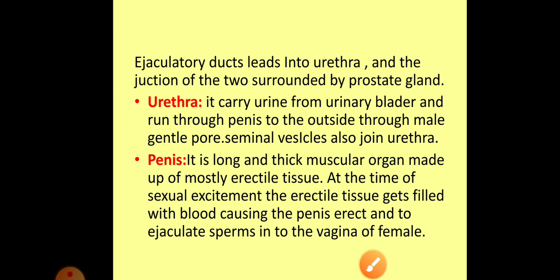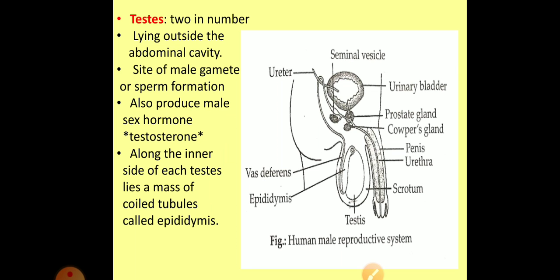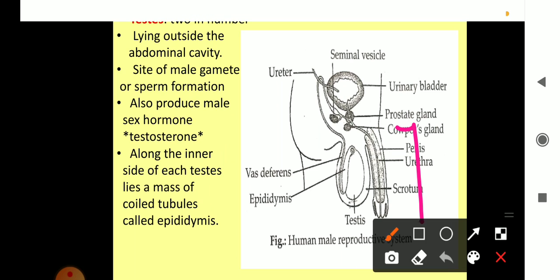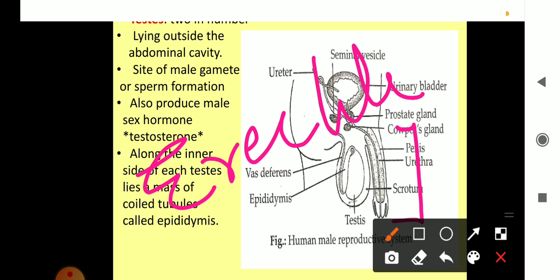Now next is penis. Now see with the help of the diagram, it is a long, thick, muscular organ made up mostly of erectile tissues.